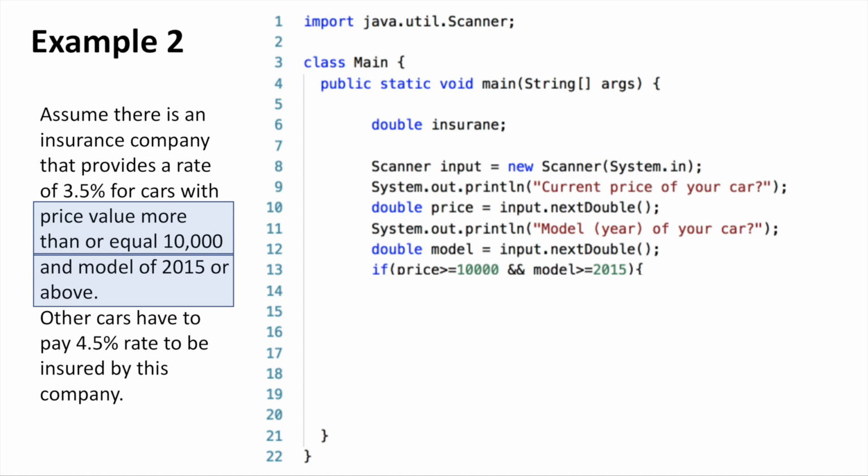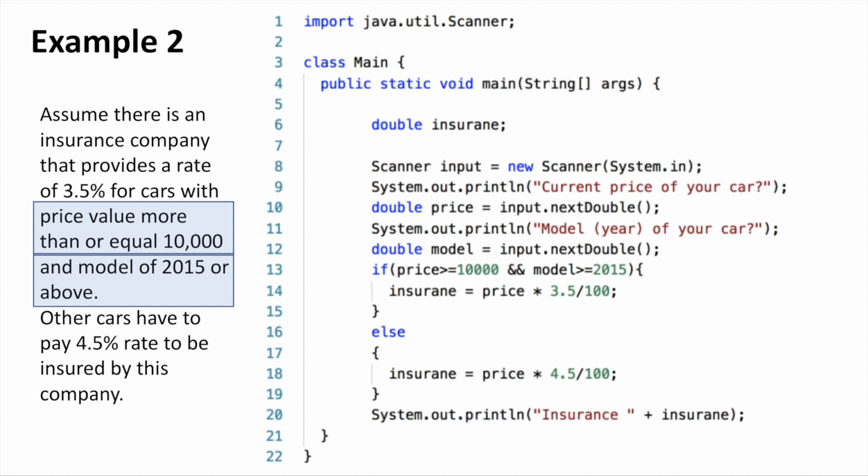And both conditions have to be true because we're using and, which requires both to be true. In this case, if that's true, we'll calculate insurance as 3.5% of the price. Otherwise, if it's not true, we'll go to the else and calculate the insurance as 4.5 of the price and close that block. So this is our code. Display the result at the end.